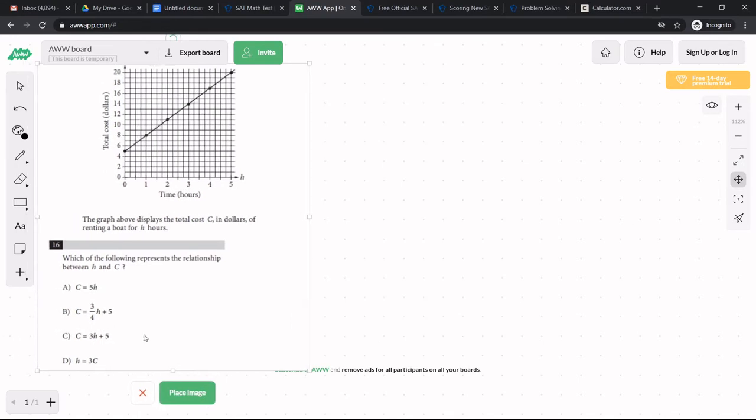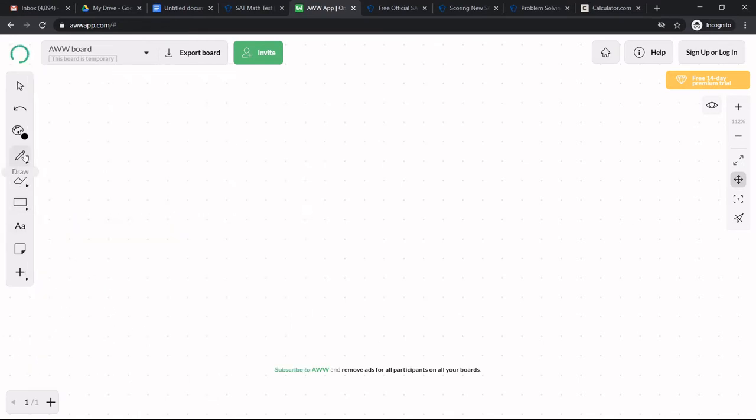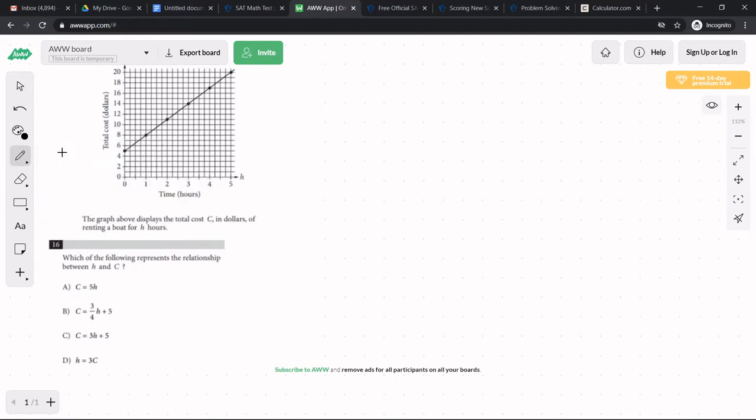Which of the following is the relationship between h and c? We know that the intercept is 5, right? We're just figuring out what m and b are in y equals mx plus b.